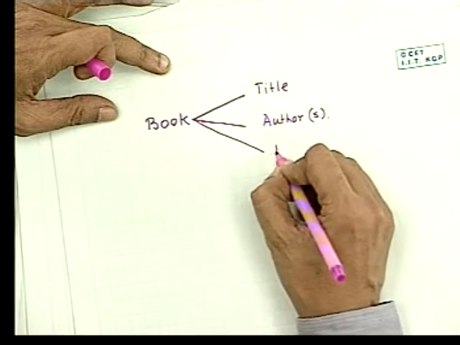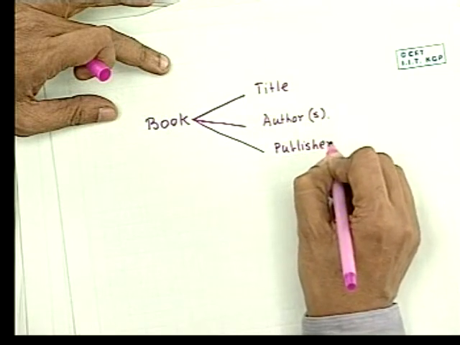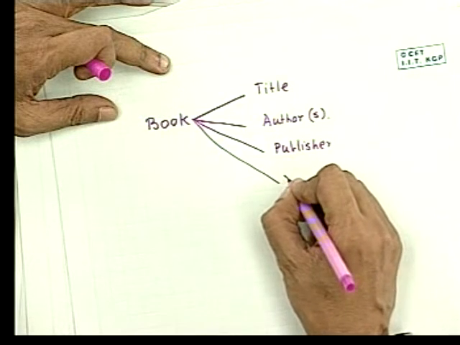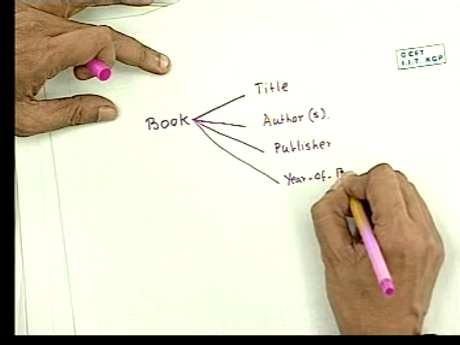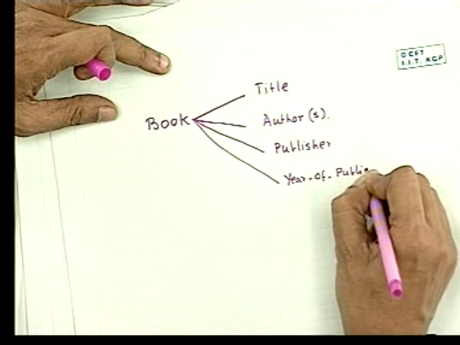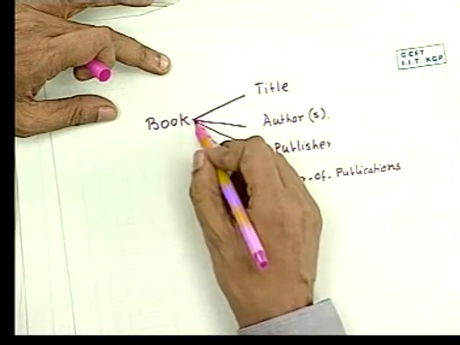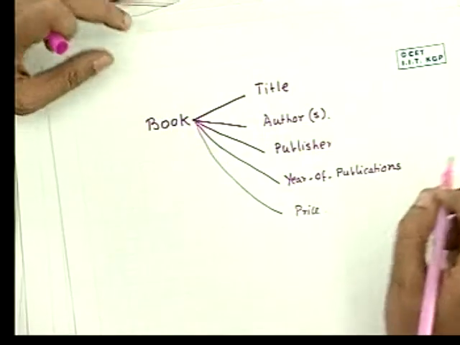We have a publisher of the book. The book has the year of publication. These are all attributes of a book. Similarly, the price. You can have other attributes of the book.